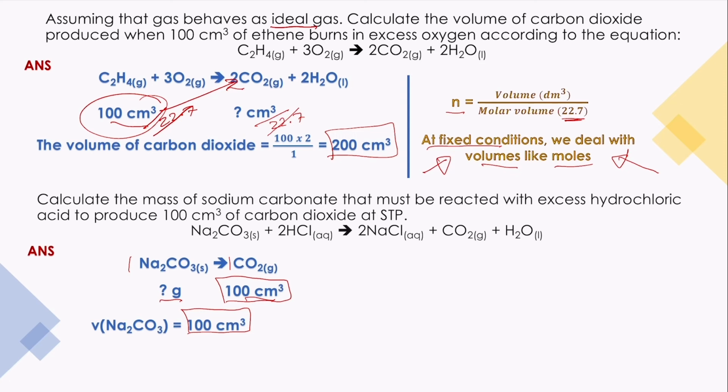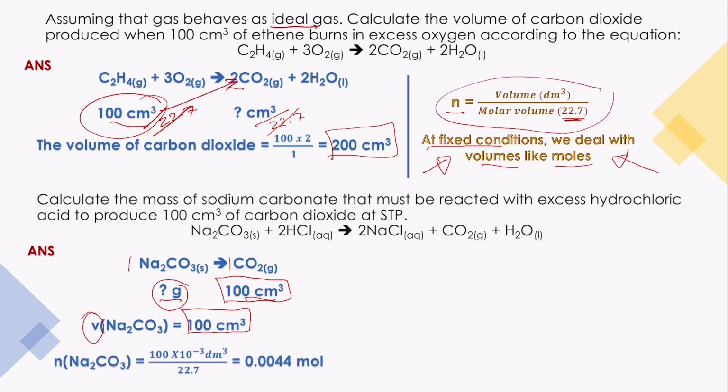Now we'd like to find the number of moles of Na2CO3 because we cannot move from volume to grams directly, but we should go through the number of moles. How can we do that? We'll use the formula. Formula is telling us that number of moles equals volume over molar volume.